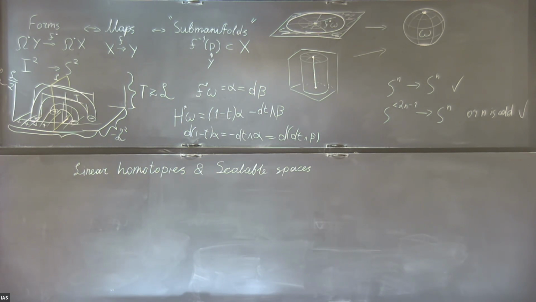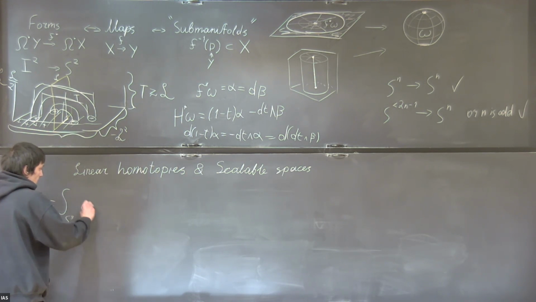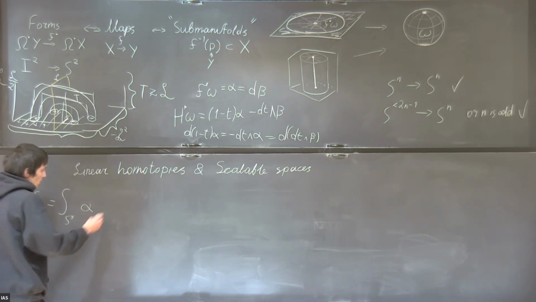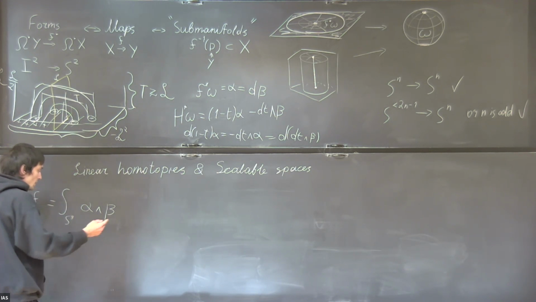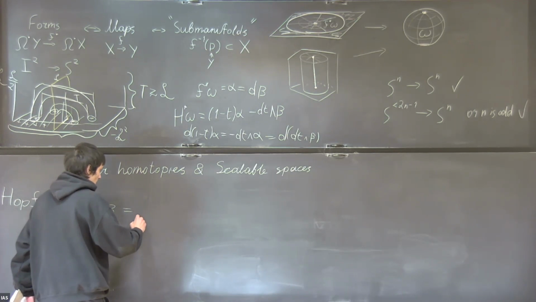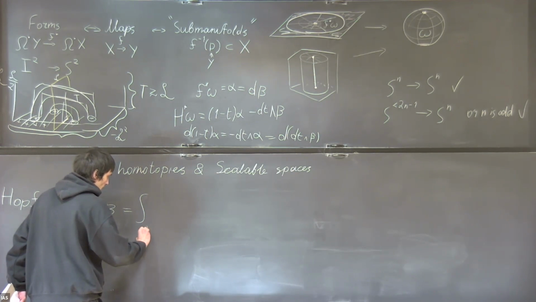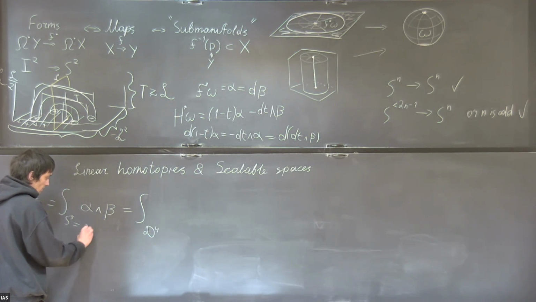So what I mean is, how you compute Hopf invariant: you take my S3, take my alpha, take some primitive form beta and integrate it, or equivalently, I integrate over the ball that S3 bounds.